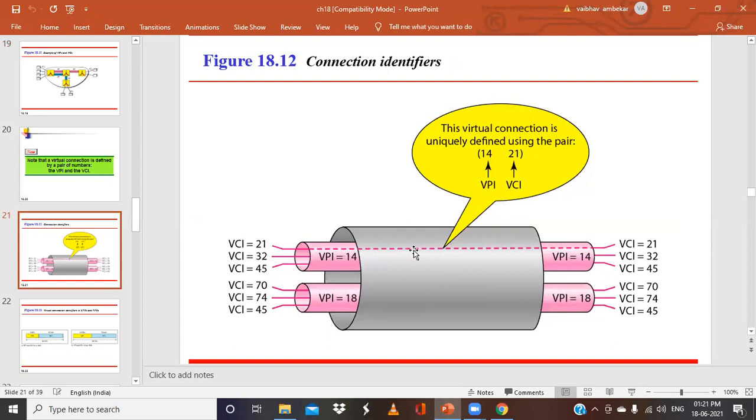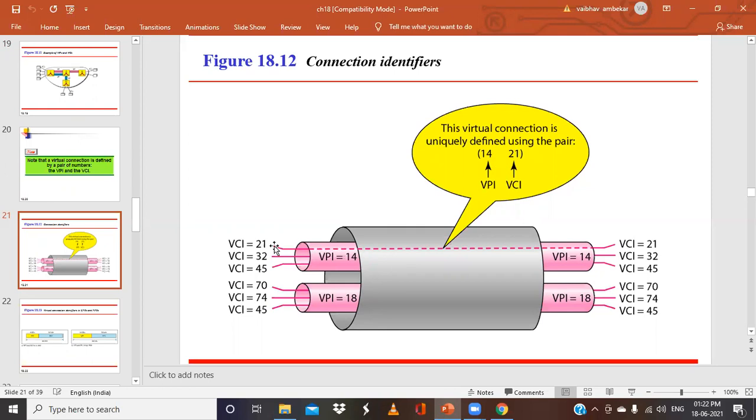If a cell wants to transmit, or has been transmitted from one endpoint to another endpoint, it has to choose the virtual path first. For that we require the virtual path identifier, and then the virtual circuit identifier, that is the VCI.